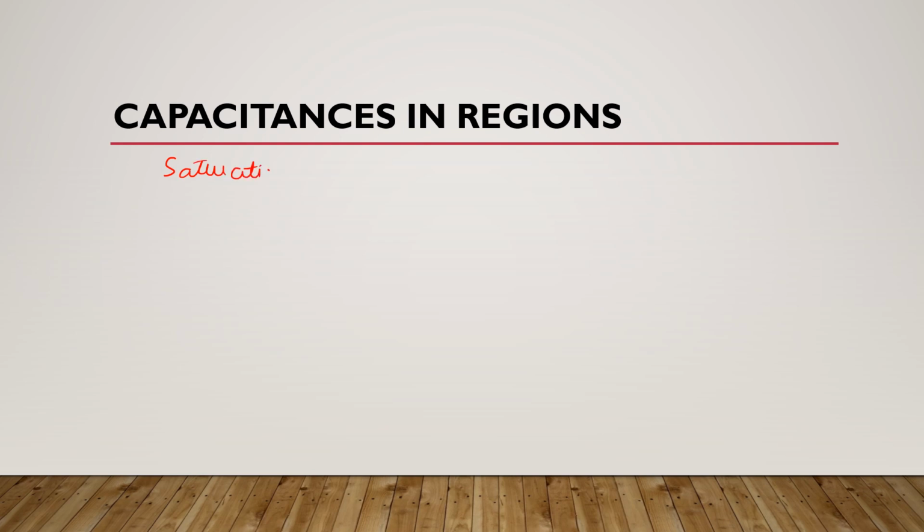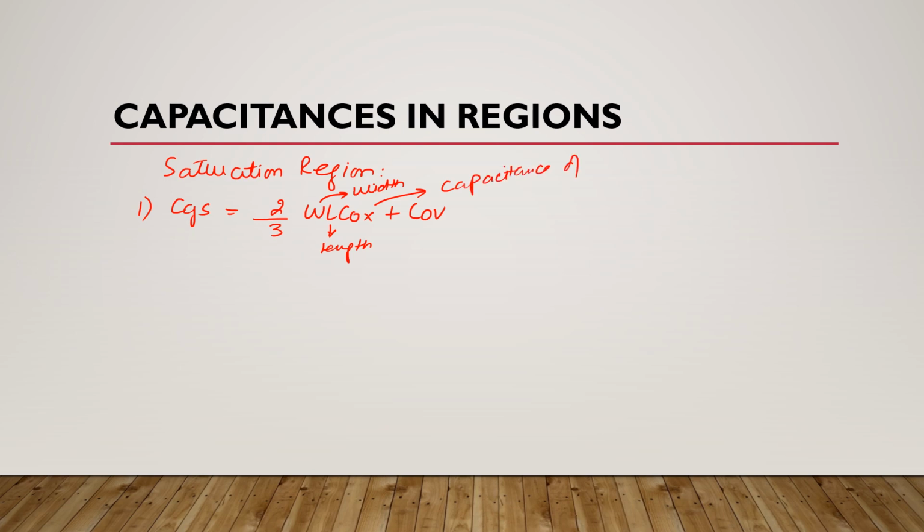saturation region. In saturation region, gate to source capacitance can be found by using this formula, where this is width of channel, this is length of channel, this is capacitance of oxide layer, This is overlap capacitance.